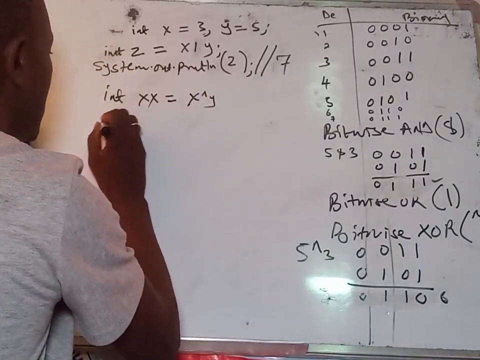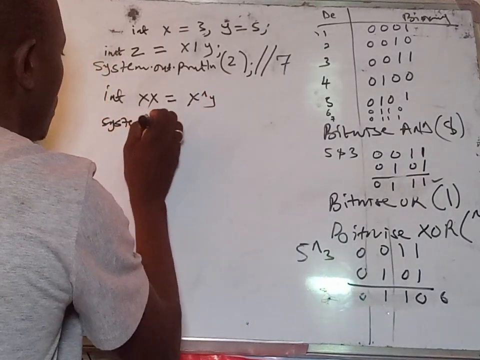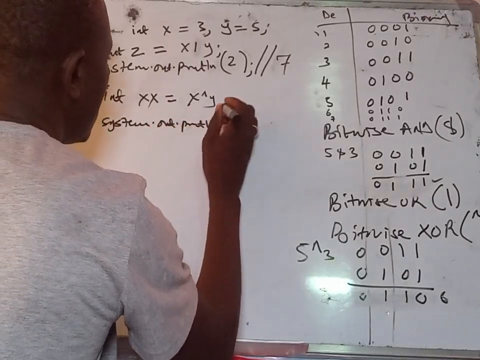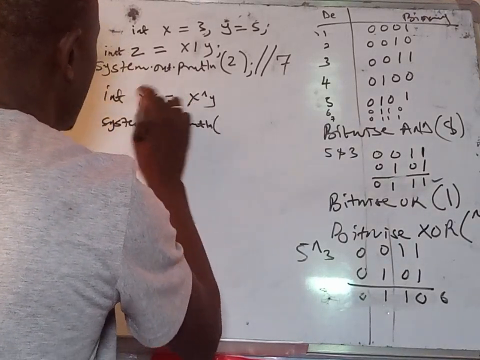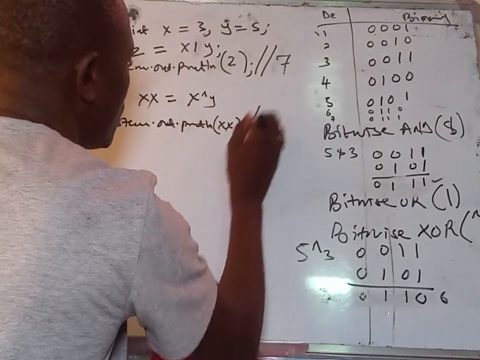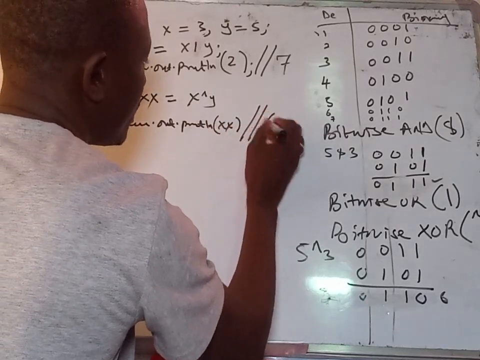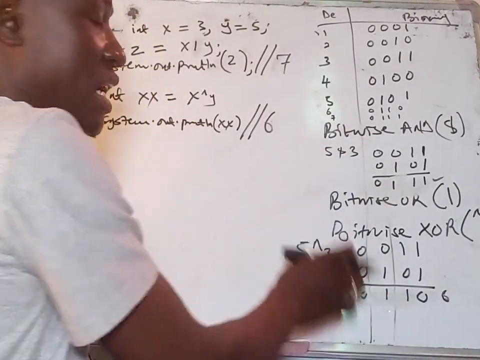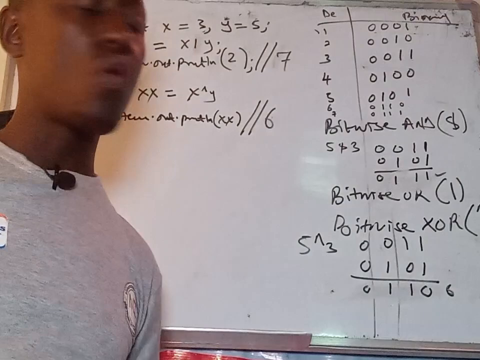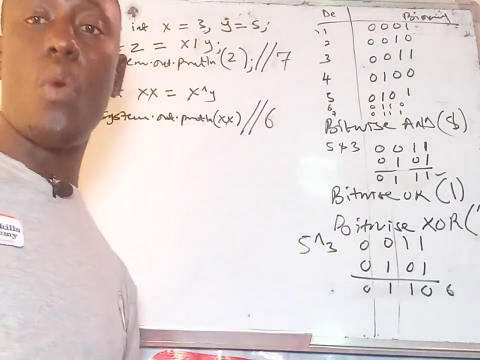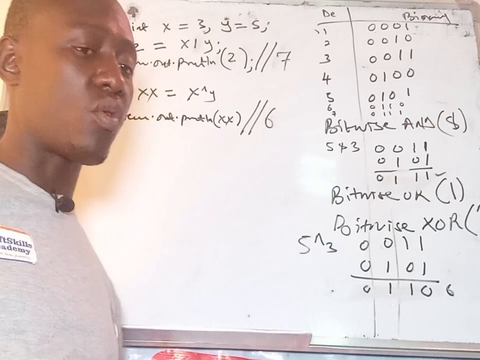Then we use System.out.println to print x, which will return the value 6. So that is the outcome of the exclusive OR bitwise operation in Java programming.